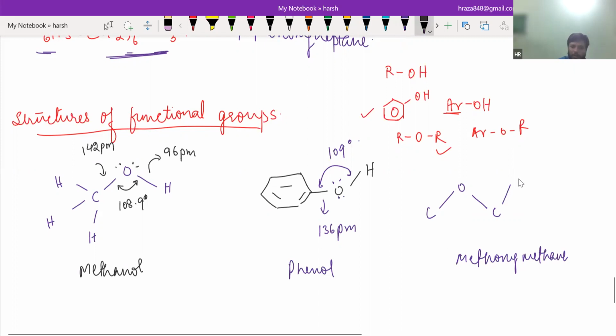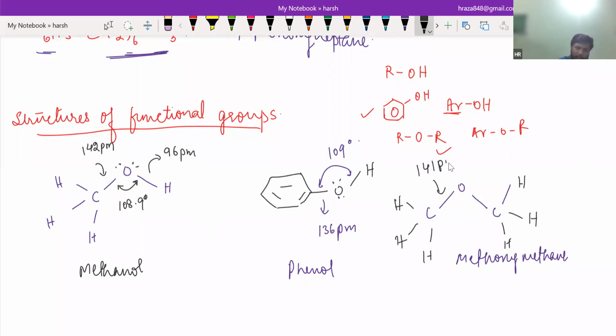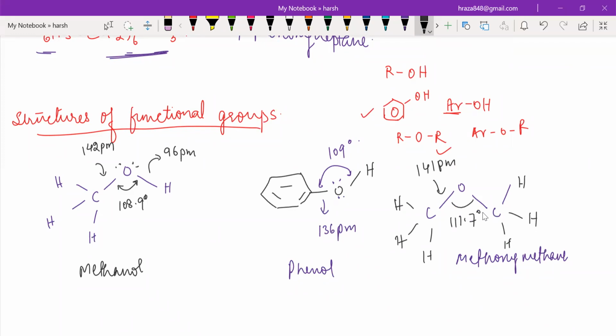So this is basically hydrogen, hydrogen, hydrogen, again hydrogen, hydrogen, hydrogen. So this is basically 141 picometer. We don't need to remember the value, okay? But this angle is 111.7 degree. Please write.